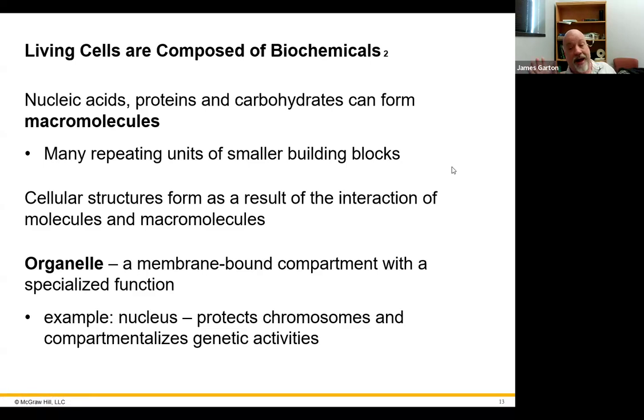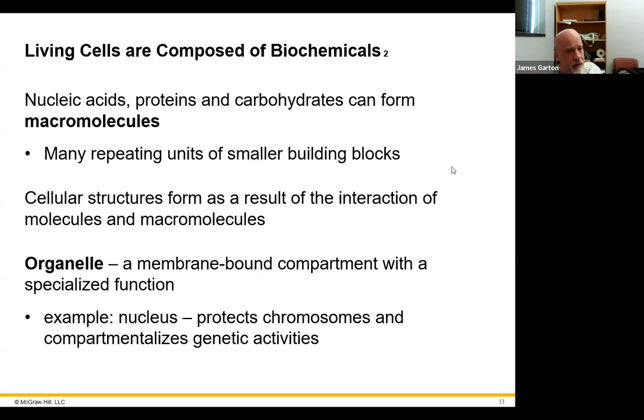There's a big group of molecules called amino acids, and proteins are made up of amino acid after amino acid after amino acid. The lipids are a little bit different. Lipids are not repeated units of building blocks over and over. Different kinds of building blocks interact to form a variety of different lipids.